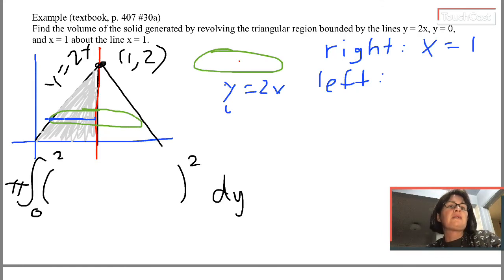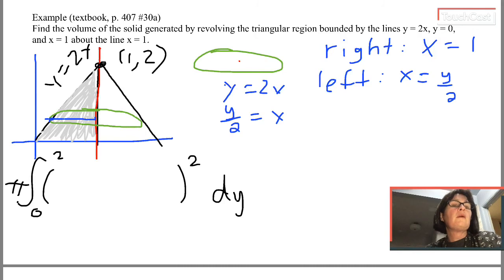So if y equals 2x, then y over 2 equals x. So my radius, if I want the distance to be positive, I have to subtract the bigger x minus the smaller x. So that's the rightmost x minus the leftmost x, which I just said was y over 2.